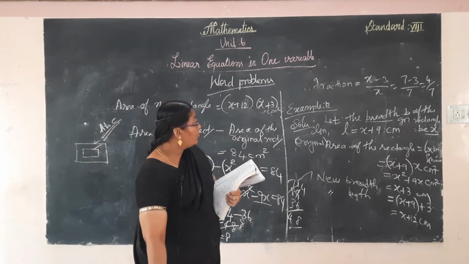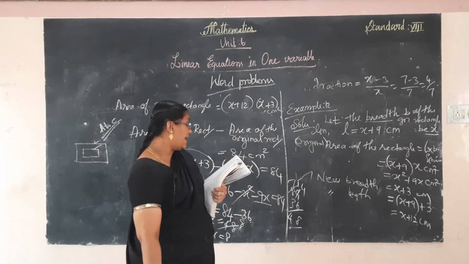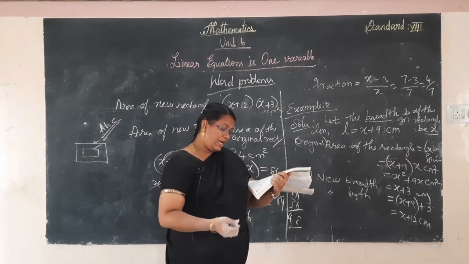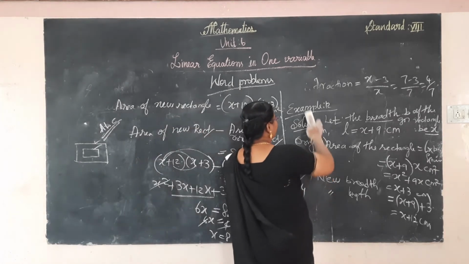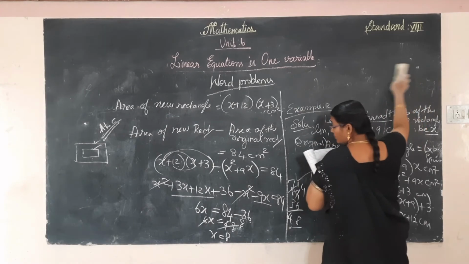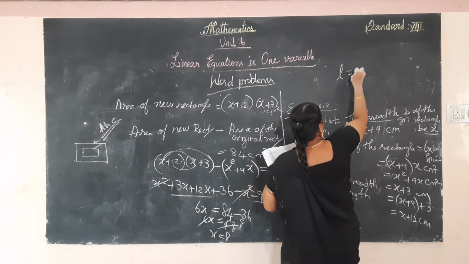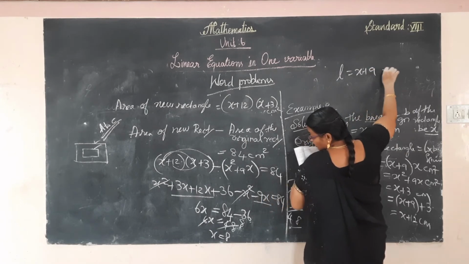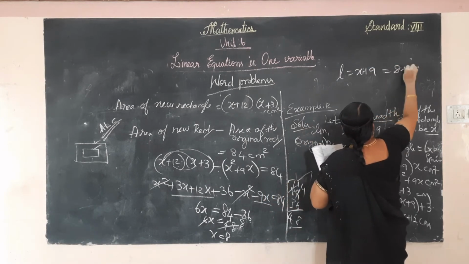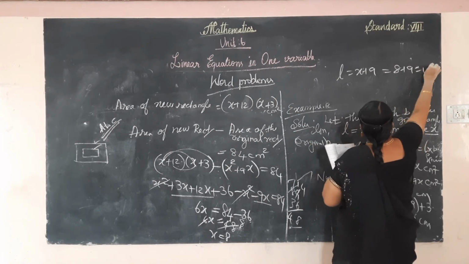So the breadth value is 8 centimeter. Now find out the length. What we have considered the length, L, is equal to x plus 9. So the x value is 8, 8 plus 9, what we get? 17.